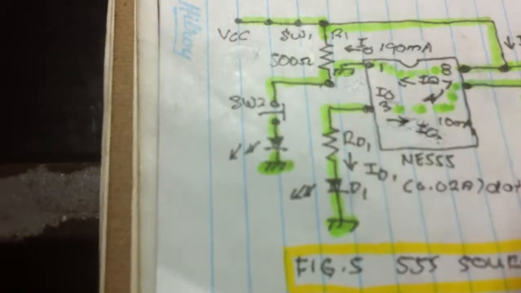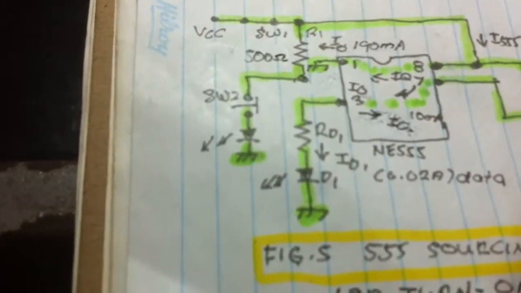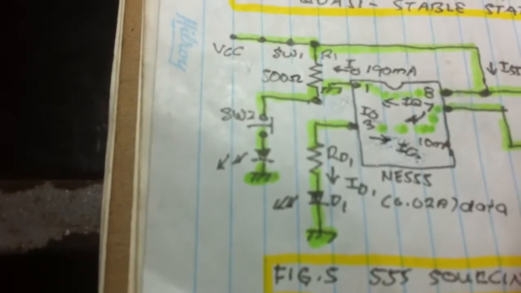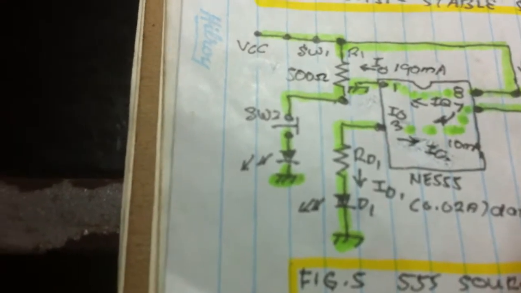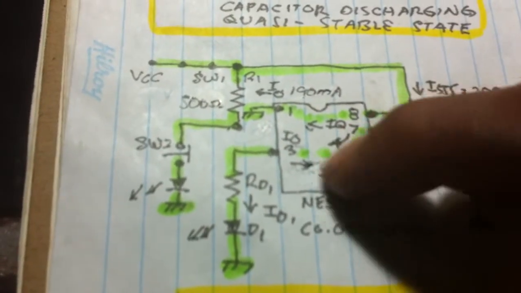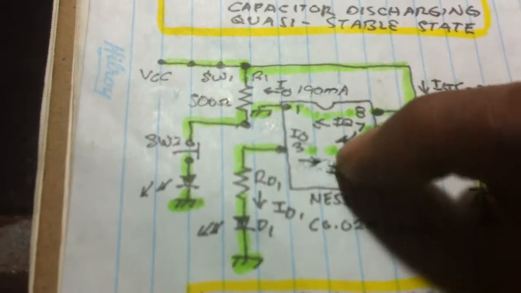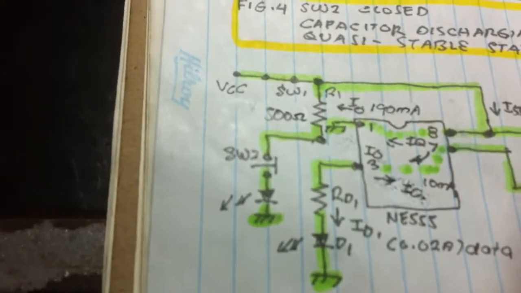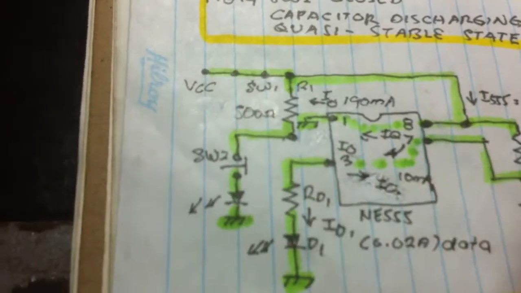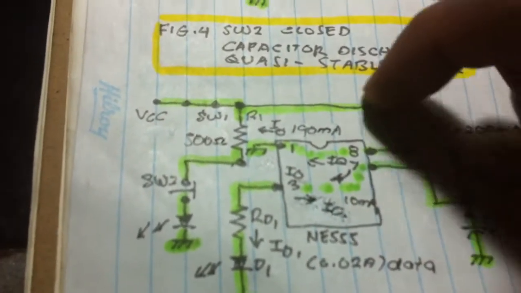Since the required current here is 20 milliamps, and the output current is actually 30 milliamps, because we have quiescent current here, 10 milliamps, 30 minus 10 equals 20 milliamps of current. The other current goes into the ground.